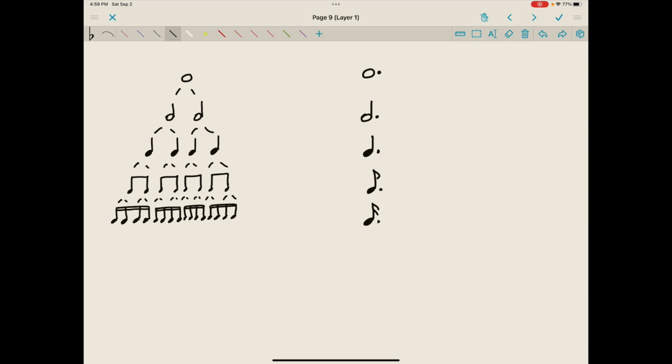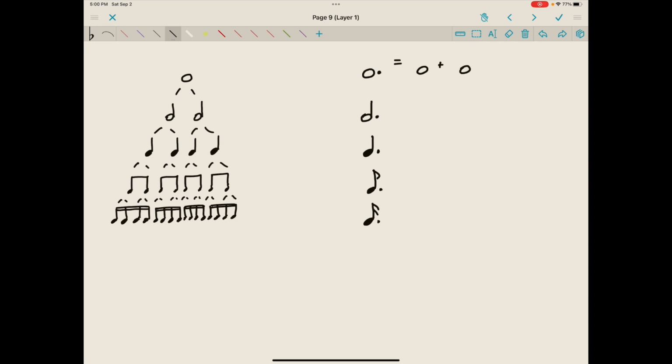Well, how much time? As it turns out, a dot in and of itself doesn't have a specific value. It is worth half of whatever note value it's dotting. So without yet assigning specific beats, we can say that a dotted whole note is going to be equal to a whole note plus half of that note value.